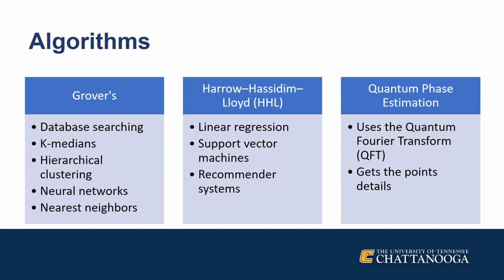Also, we have the Harrow-Hassidim-Lloyd algorithm, which consists of solving a linear equation set that can be used in different machine learning models, like linear regression, support vector machines, recommender systems. There is also the quantum phase estimation algorithm, which uses the quantum Fourier transform, and it is used to get the phase details through eigenvalues.